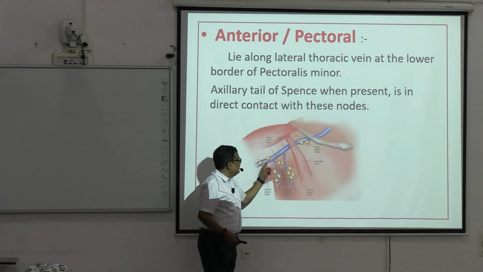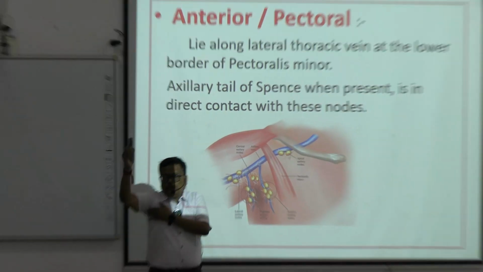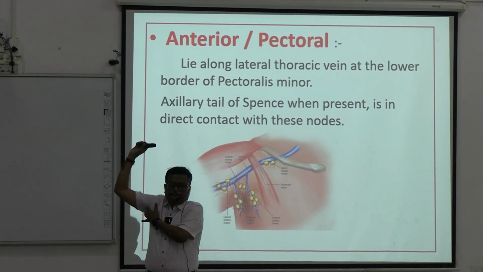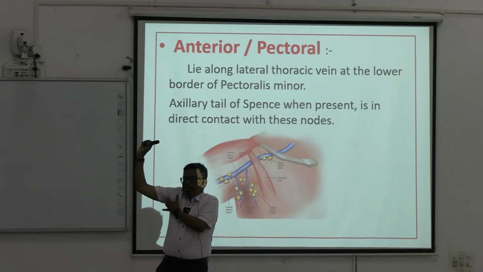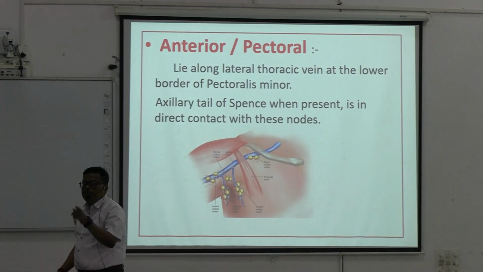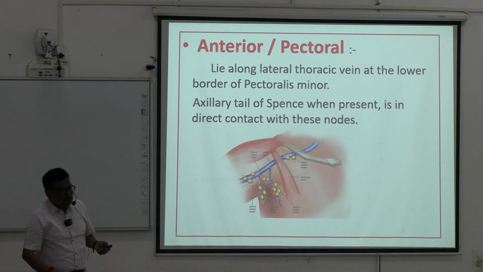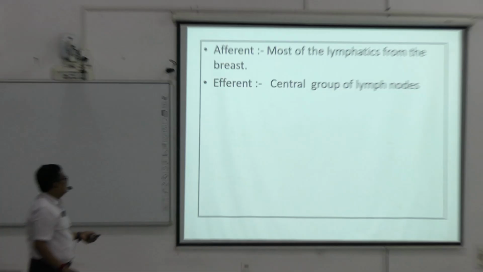This is the axillary vein, and this is the lateral wall. So, posteromedial to the axillary vein, these are very important lymph nodes for the superior extremity.